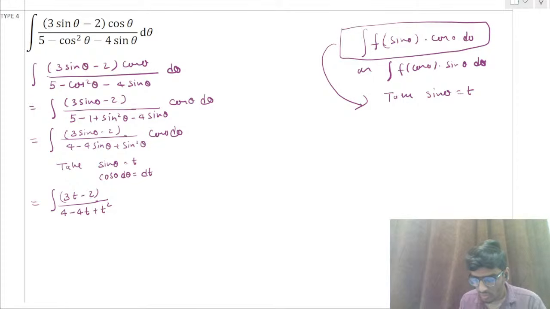This integral becomes 3t minus 2 upon 4 minus 4t plus t square, and cos theta d theta becomes dt.